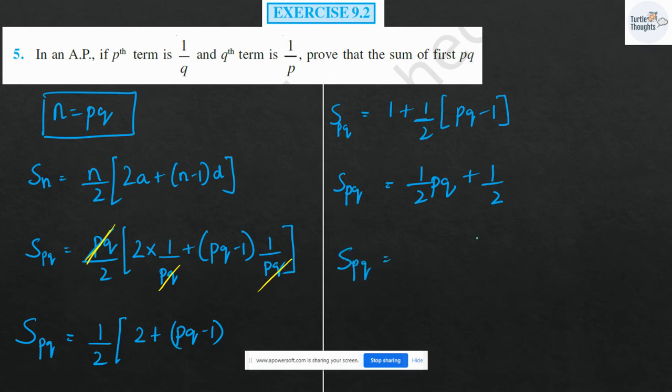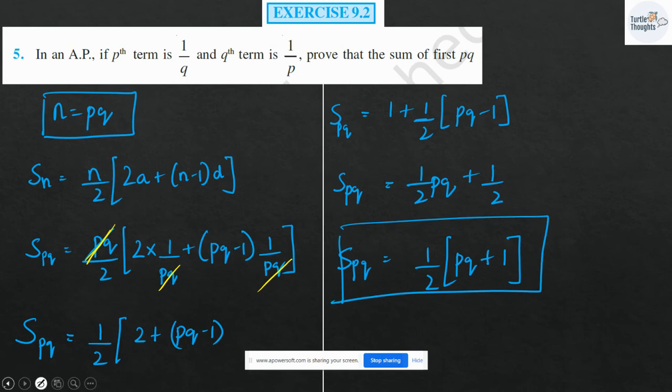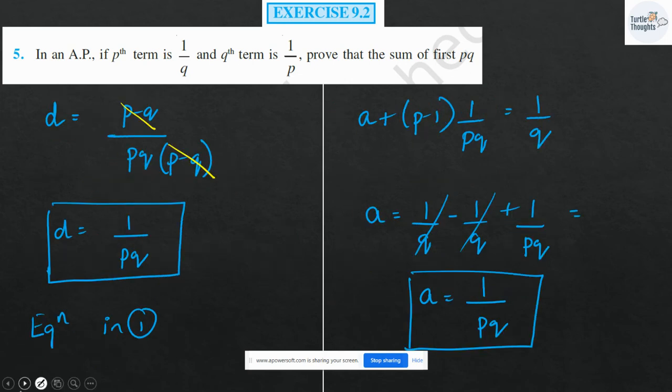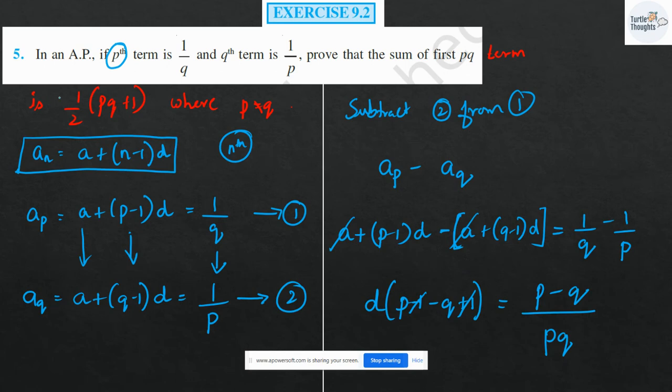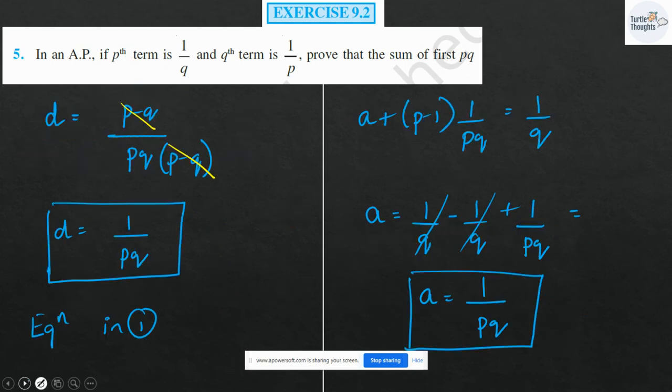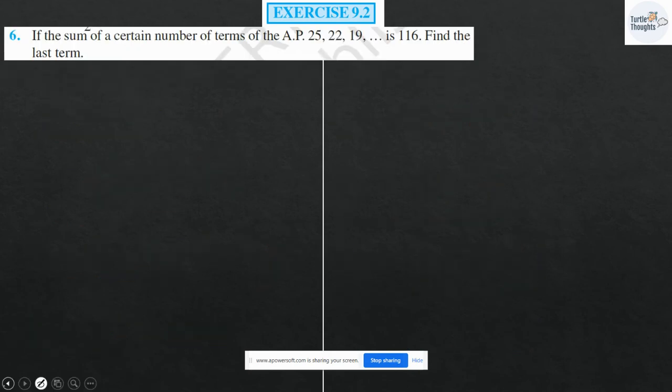Now SPQ will be, take half as common. So you'll be getting PQ plus 1. Half into PQ plus 1. Is this what you had to prove? Yes. Half into PQ plus 1. This is what you had to prove. We have got the same. So these kind of questions can be asked for 4 marks.